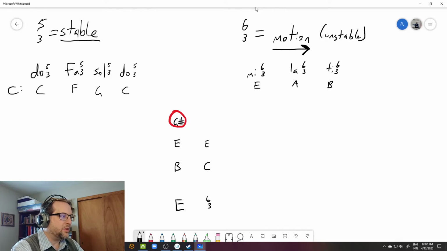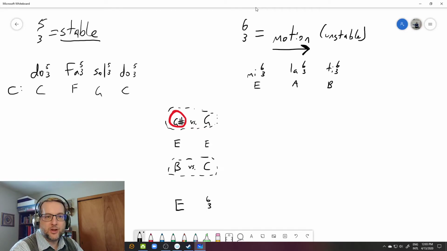And an E up a third in the key of C major would give us our G. So you notice there's a little bit of a clash here. Two clashes between the overtones. The only thing that's matching up with the overtones is the octave itself. And so this creates a sense of instability or a sense of motion as things want to move and they want to resolve.